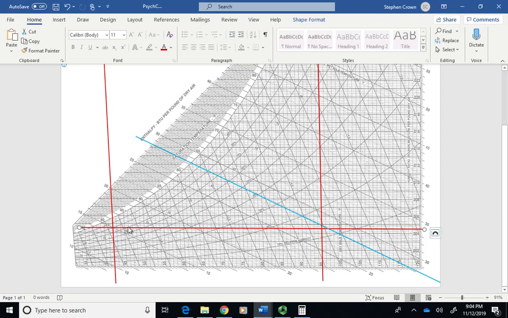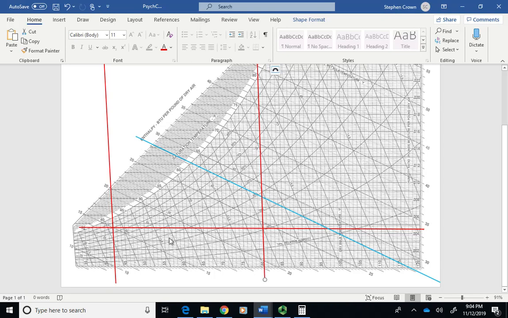So there's our state 2, and then state 3, we need the temperature, which was 80 degrees, and looks like I need to adjust the slope a little bit. So that's pretty good, going through my 80 degree line.